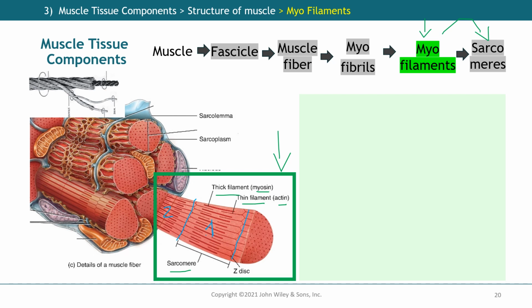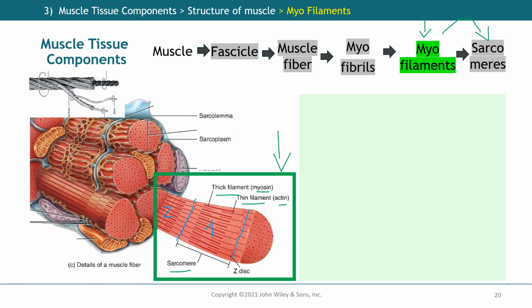They are organized in such a specific way that you see one thick filament, then a thin filament, and then a thick filament, and all this organization, these bands, we will talk about in the next section about sarcomeres.